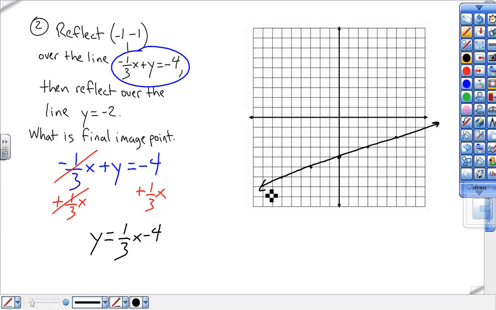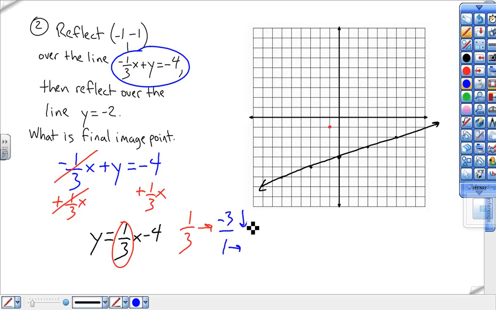The point I'm reflecting is negative 1, negative 1. I need to approach that line with a negative reciprocal to this slope. So if I look at 1/3, if I flip that over and make it the opposite, that becomes negative 3 over 1. Over 1, down 3.